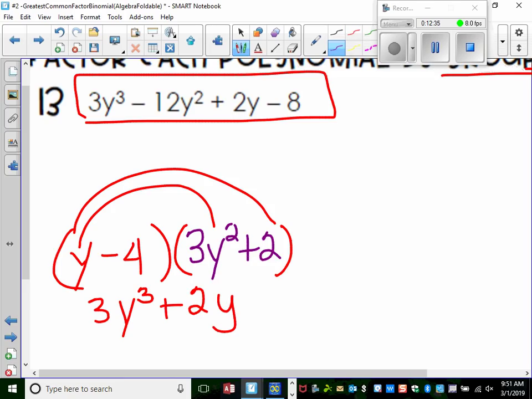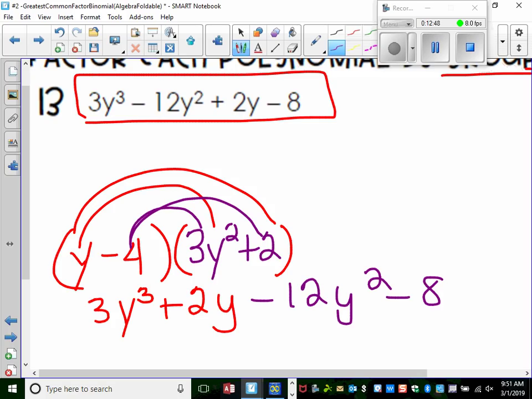Okay, so I've distributed with the first one. Now I'm going to take the negative 4. Negative 4 times 3y squared is negative 12y squared. Negative 4 times 2, negative 8. So when you distribute the y to both and then distribute the negative 4 to both, see how we came up with the exact same answer. So these are the factors to get this polynomial. And that's really what you're coming up with.